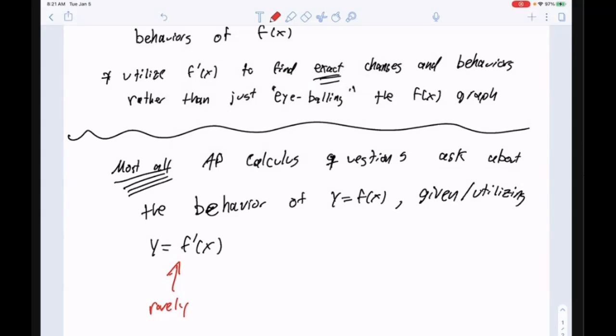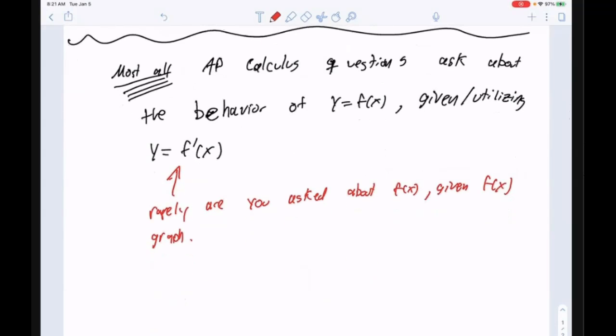Rarely are you asked about f of x given f of x graph.